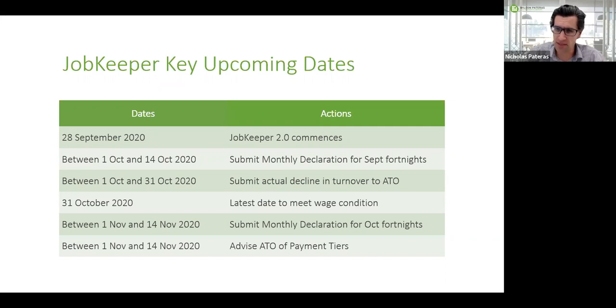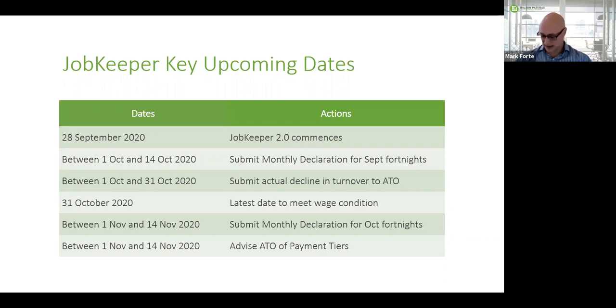I think sometimes the issue can be around cash versus accruals for clients as well. We're seeing that with JobKeeper. Yeah, that's exactly true. So it's all predicated on how you lodge your BAS. If you're lodging a BAS on your cash basis, yes, in that example there, you would not include that income in the September 2020 quarter. But if you're lodging a BAS on an accruals basis, then you do need to include that income in your September 2020 quarter.